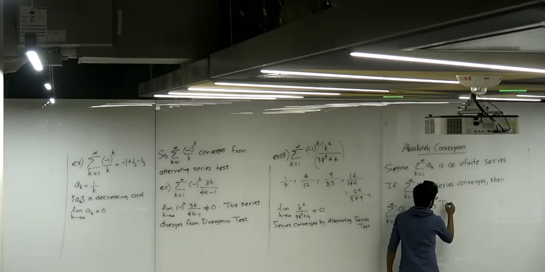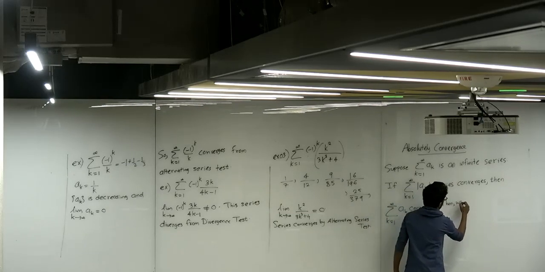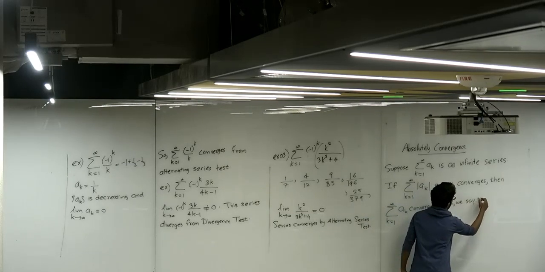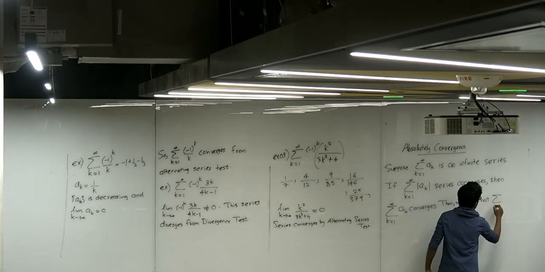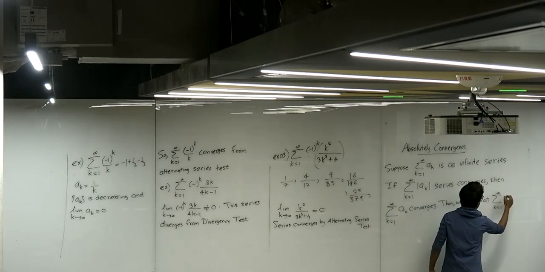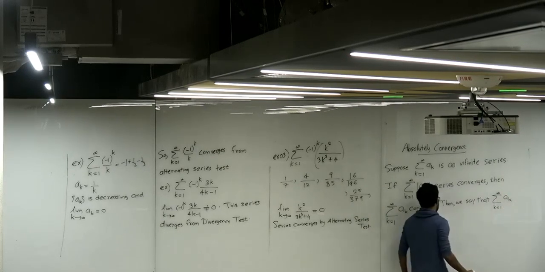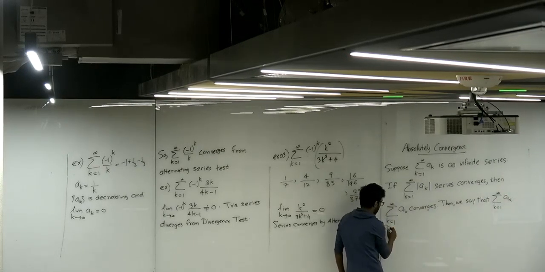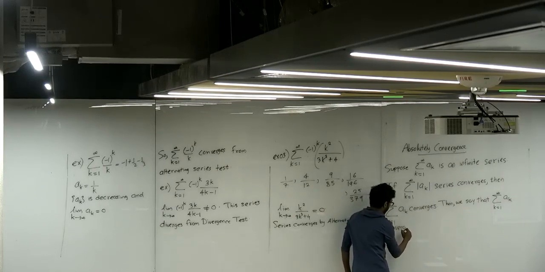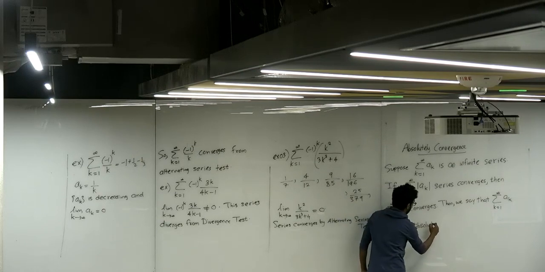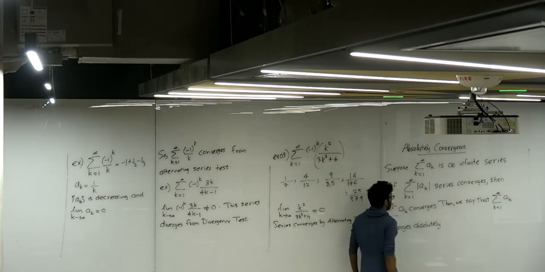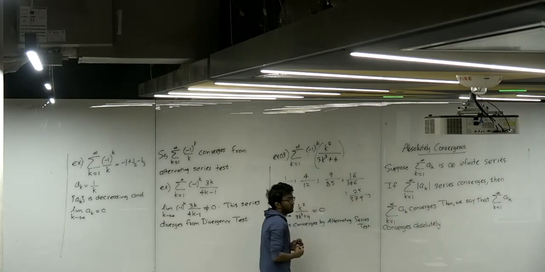Then we say that our original series, that is sigma k goes from 1 to infinity a_k, converges absolutely. Converges absolutely. Okay, that's the terminology.